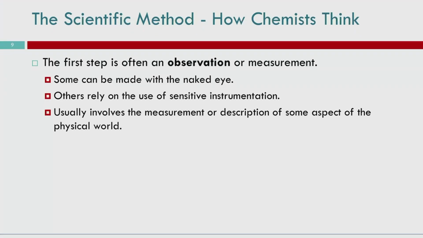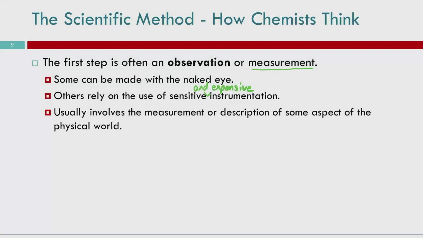So again, our first step is an observation, or it could be a measurement. Sometimes these are made with the naked eye. You don't need anything other than your senses, your eyes, your fingers, your sense of smell. Others rely on the use of sensitive and oftentimes expensive instrumentation.